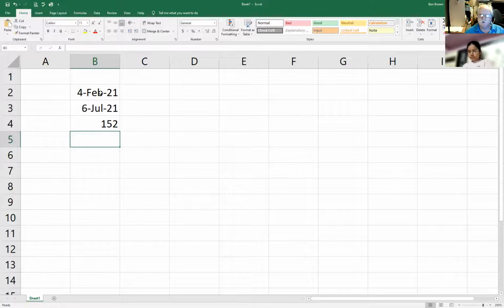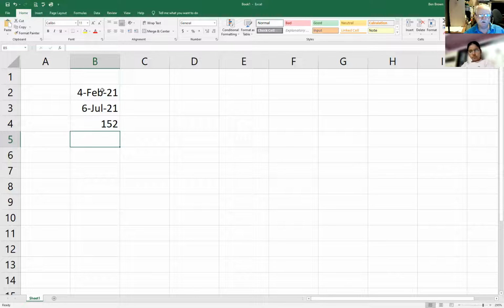So as you have access to both the BA2 Plus and Excel, there are some things that are easier to do on Excel and some that are easier to do on the BA2 Plus. But when you're looking for days between dates, it's way easier on Excel than on the BA2 Plus.